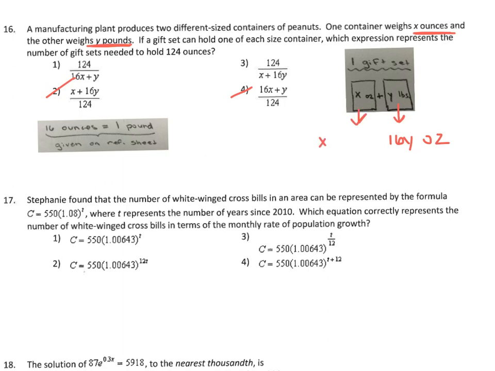X ounces. So really, the gift set will contain X ounces plus 16Y ounces. So if we want to figure out how many gift sets we can contain, you would take the 124 and divide it by X plus 16Y, which is what choice 3 says. That was a tricky one.